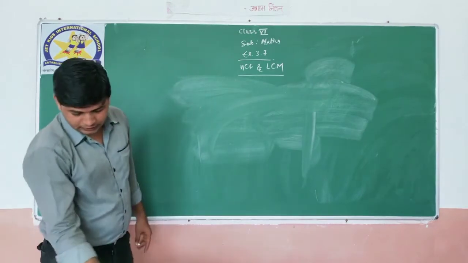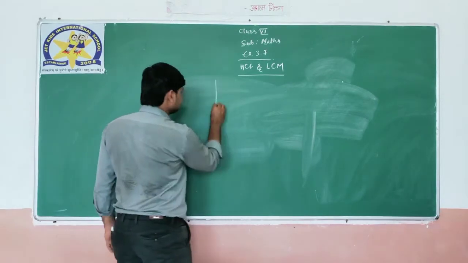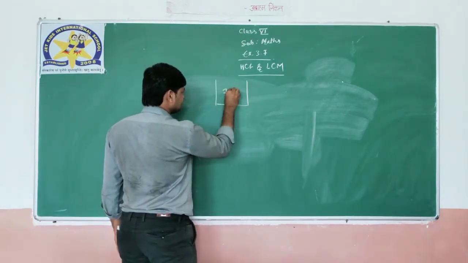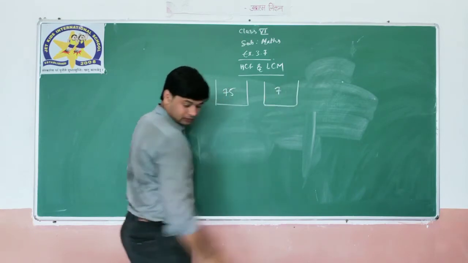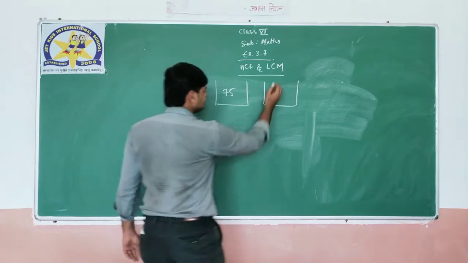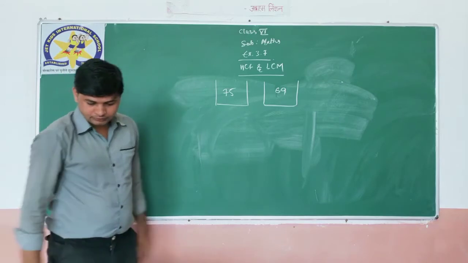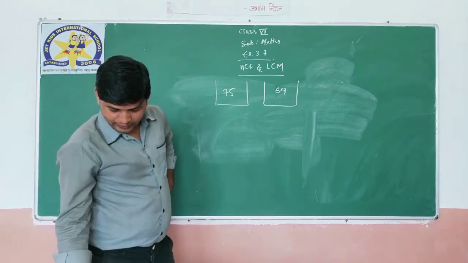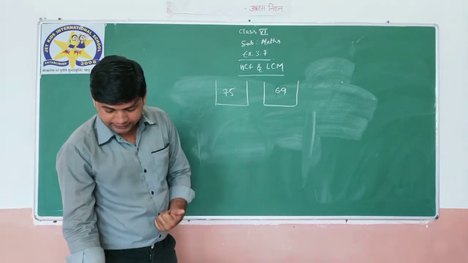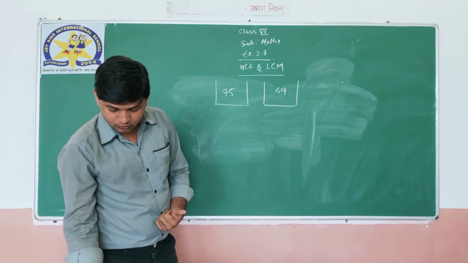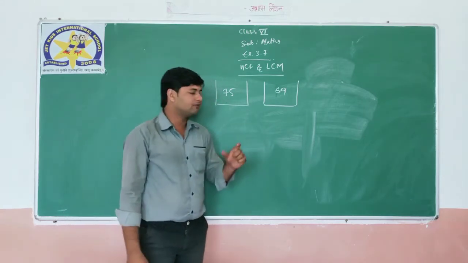In the first question, Renu purchased 2 bags of fertilizer weighing 75 kg and 69 kg. Then find the maximum value of the weight which can measure the weight of the fertilizer an exact number of times.